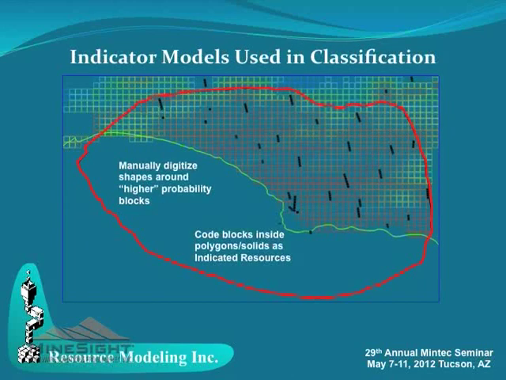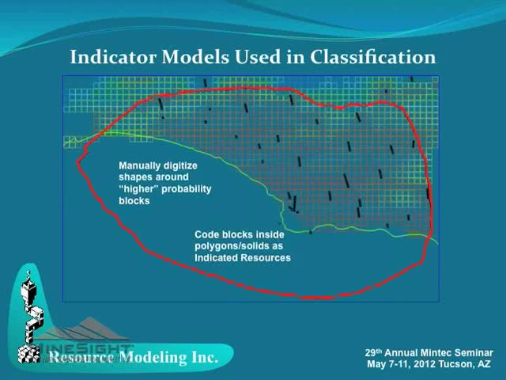So what I do is I go in there and manually draw a shape around the blocks that I feel are demonstrating mineralized continuity. I would usually have my drill holes displayed. If there are key geologic features like faults or some favorable lithologic unit, I'd have those in the viewer.